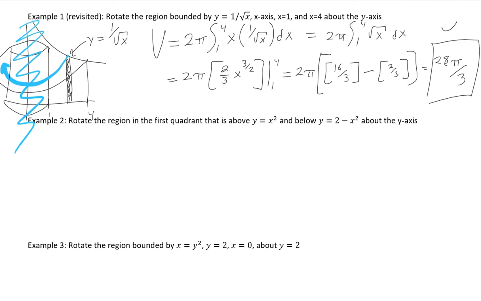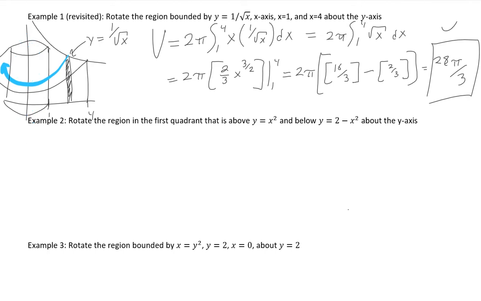So for example, if I had y equals x squared plus 3x minus 2, and I wanted to rotate this around the y-axis, I wouldn't want to do that with a washer or a disk, because that would involve trying to get this to be x equals something, which is hard to do when an x shows up multiple times. So if it's really difficult to try to isolate a variable, then maybe consider using a different method.